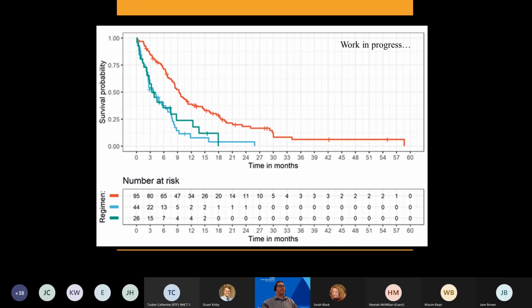So we've purposefully hidden the details of what the regime is and so forth at the moment. But these are 3 chemotherapy regimes funded by NHS England to treat the same cancer. Clearly, you'd want the red line, which is the most effective treatment. The other 2 treatments we tend to use if you're not fit enough to have the red line, but the green line is pretty much not any different to the blue line, but is a much more expensive treatment.